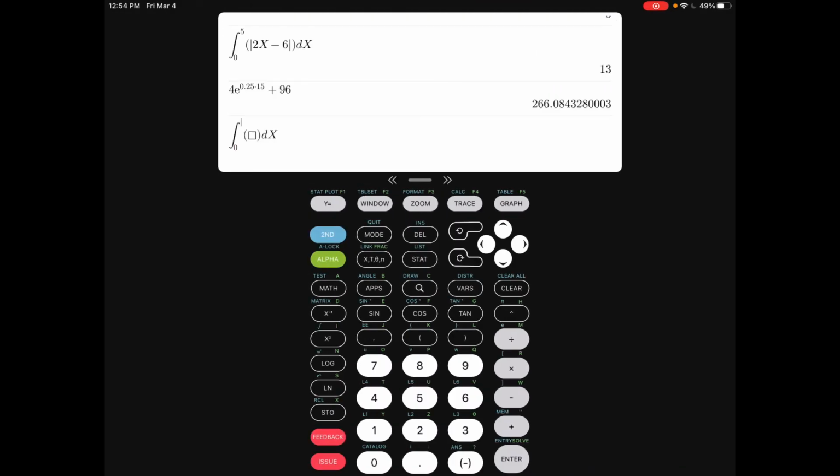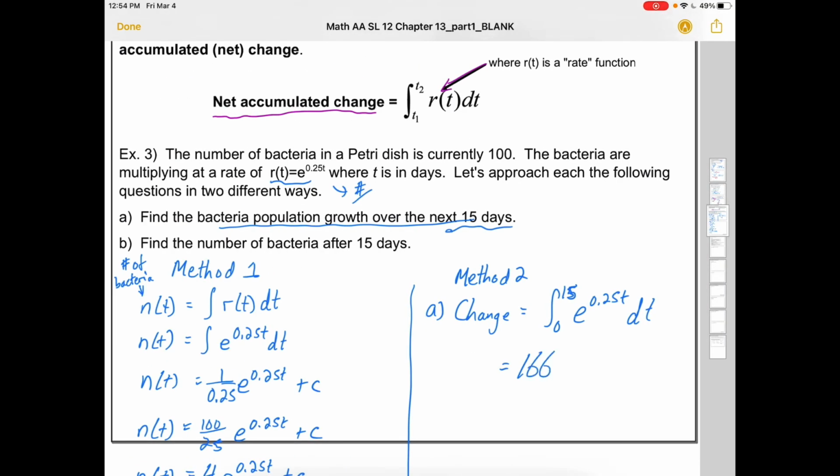From 0 to 15, e to the power of 0.25, I'm using x here, gives me 166. Pretty slick. There's our change. And if we want to find the number of bacteria after 15 days, we're going to need the initial amount plus the change.